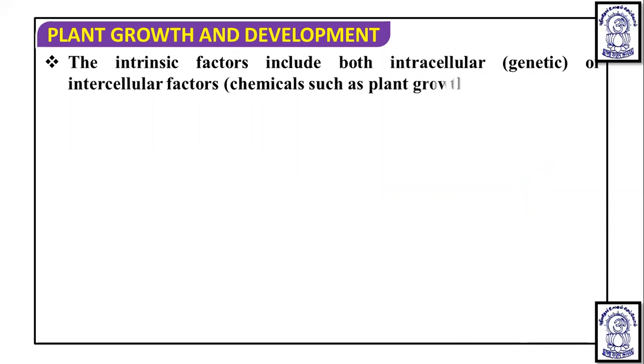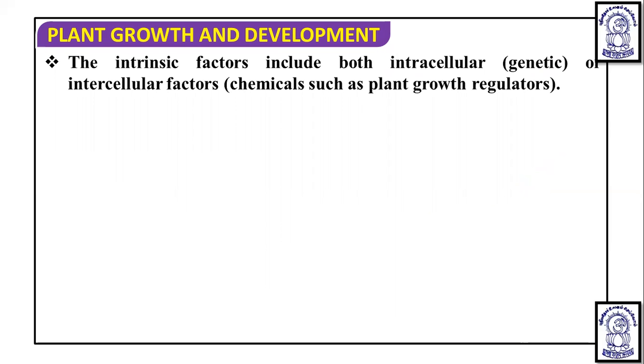Intrinsic factors include both intracellular, meaning the genetic component which is found within the cell, within the nucleus, and the intercellular factor, which is a chemical such as a plant growth regulator. Plant growth regulators are synthesized by one cell.